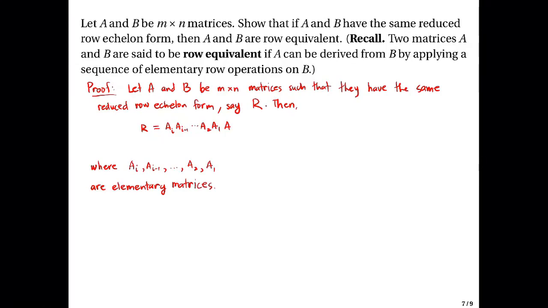Similarly, your R can also be written in terms of B. Let's say B sub j, B sub j minus 1, until B2, B1 times B. If you multiply all of this, you will get your R also, because they have the same reduced row echelon form.